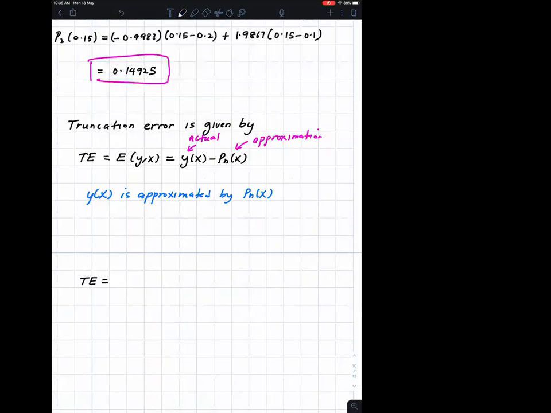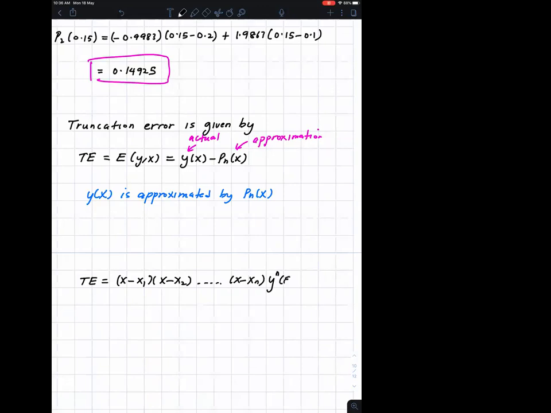I'm just telling you the truncation error is (x minus x1), (x minus x2), up to (x minus xn), times y to the power of n. This power of n here is the order of derivative.